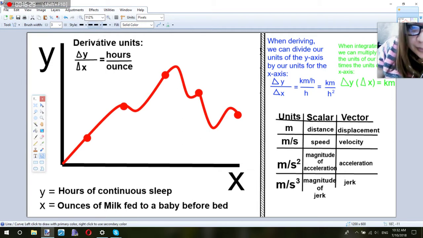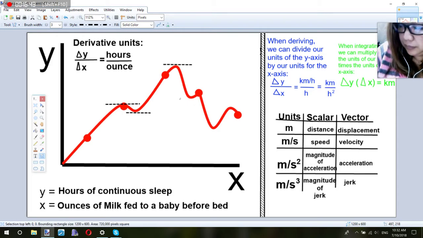And what that means is if the hours of sleep that we are gaining per ounce is equal to 0, that's my slope of this function is equal to 0, which it is at all of these points that I'm drawing now. I will be at a relative maximum or minimum, which means relative to the points around it, I'm either at a high point or a low point.